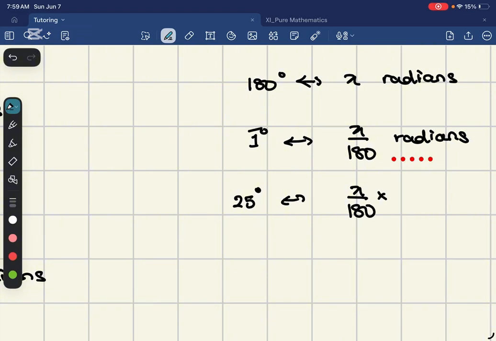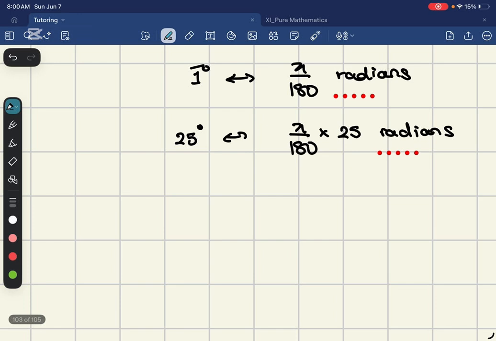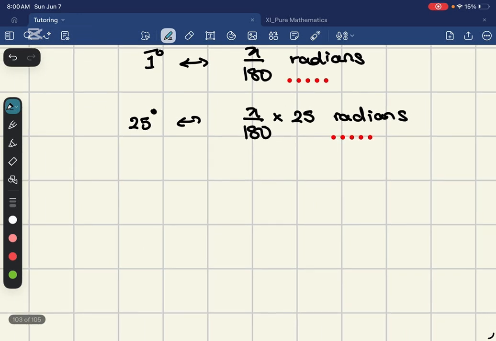So I need to multiply pi over 180 by 25 to get my answer in radians. And if you simplify this, I believe you should get 5 pi over 36 radians.